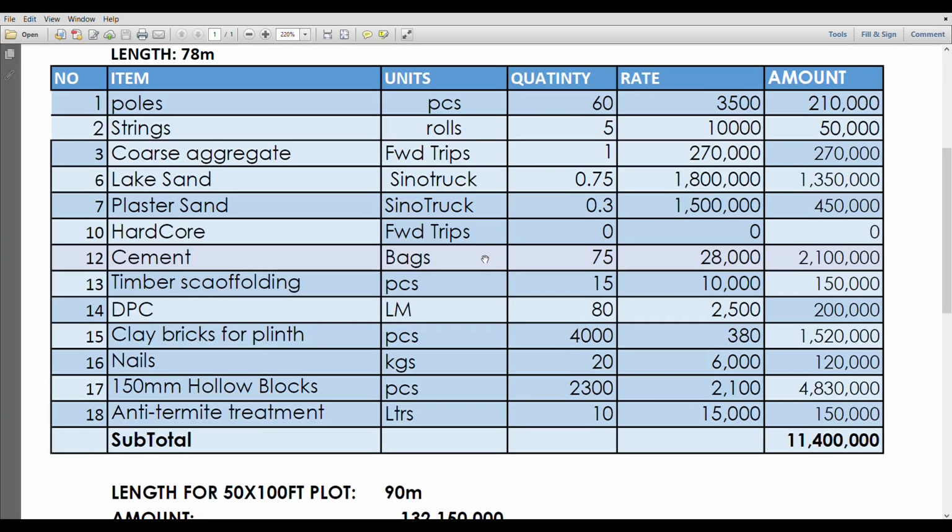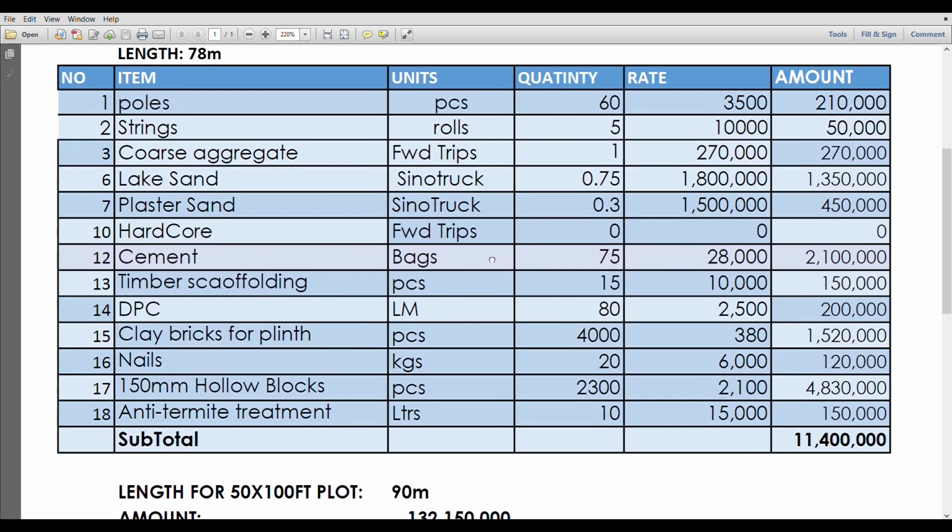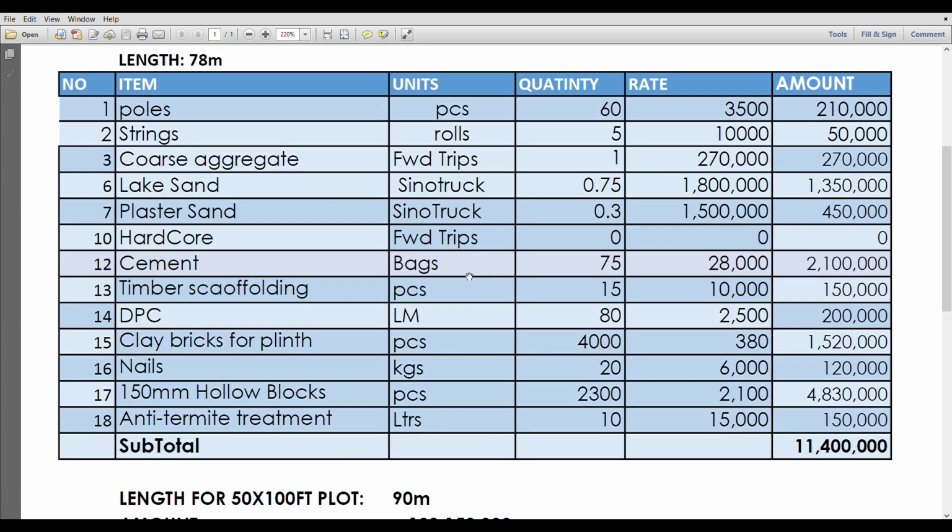If someone decided to use mud bricks or clay bricks for the wall and use them in stretcher bond, they would have saved more. But of course, you cannot compare the strength or the durability of the two. Either way, either of them works. This is just more superior than the others. So basically that's what it was, and the total brought us to 11.4 million.